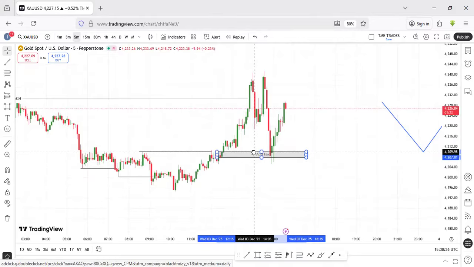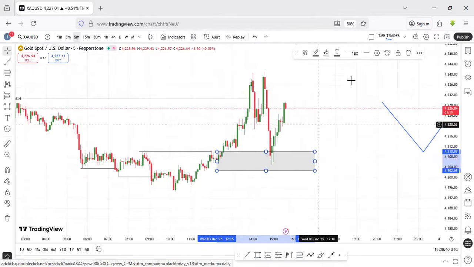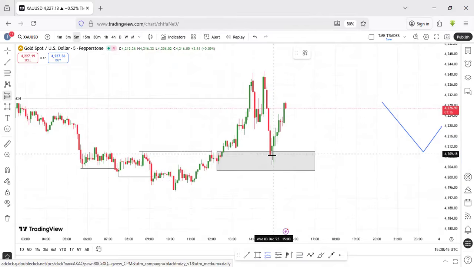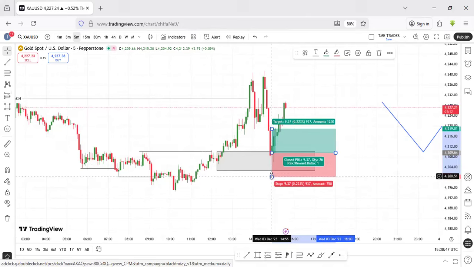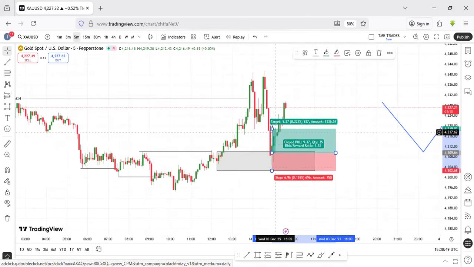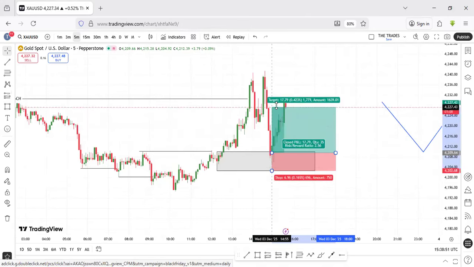Or you can even use this 50% discount level order block to identify your trade, which if you had taken from here, definitely you should be in very big profit, or you must have hit your 3-to-1 risk reward, as you can see now.